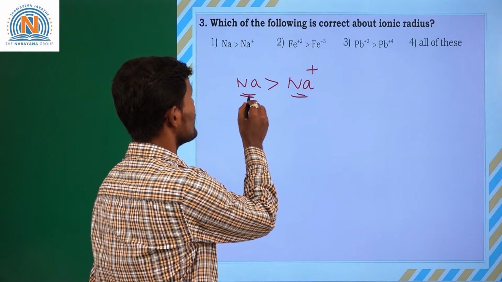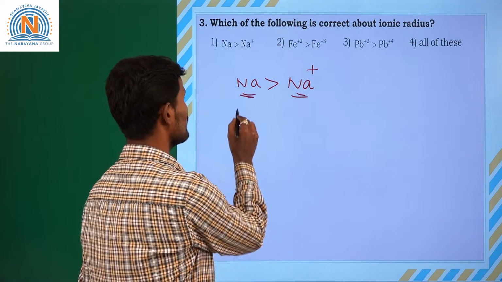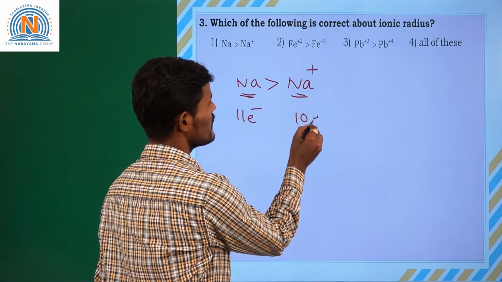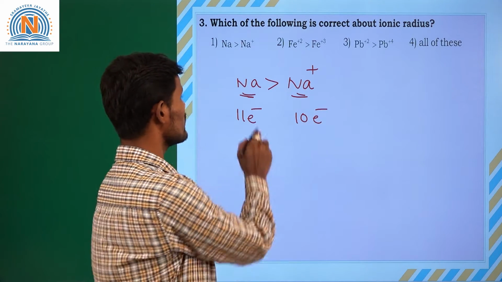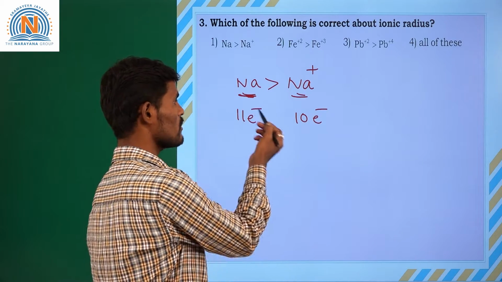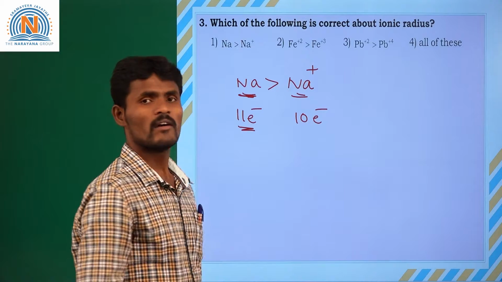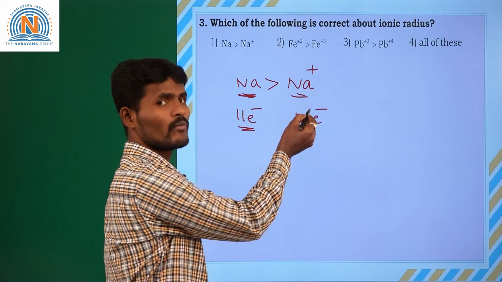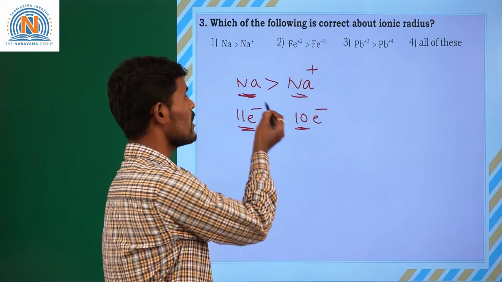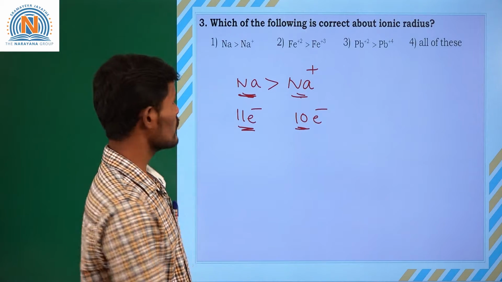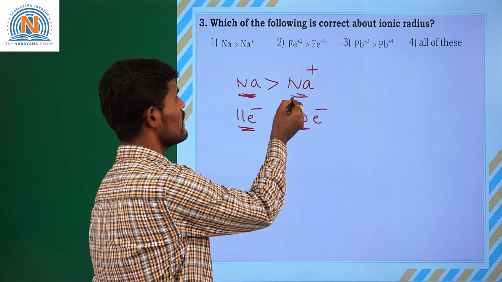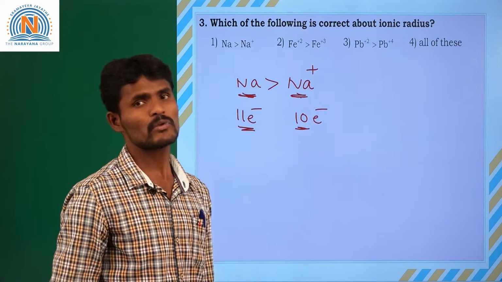In this, the number of electrons is more, 11 electrons, but in this only 10 electrons. In the neutral sodium atom, the distance from the center of the nucleus to the outermost electron is more. Here, the distance is less when compared to the neutral sodium atom. So clearly, the radius of the sodium atom is more than the radius of the sodium cation.